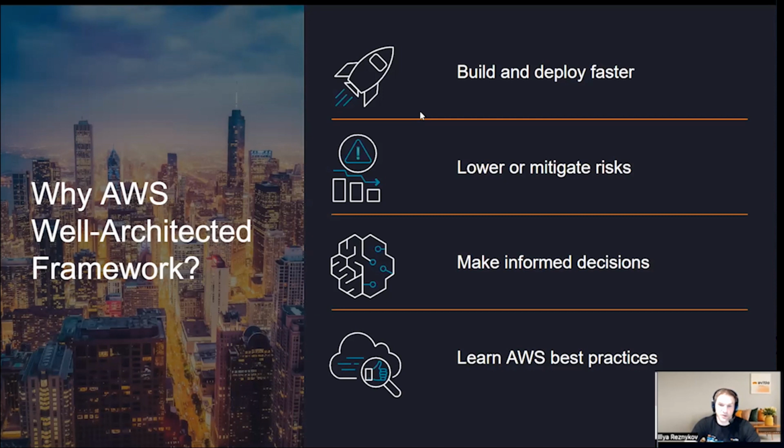And because the AWS Well-Architected Framework could be applied to internal workloads as a self-assessment, it allows us to learn some AWS best practices. Obviously, when we know more, it means that we as developers or architects are able to better design and create our applications and our infrastructure, and use any services more efficiently.